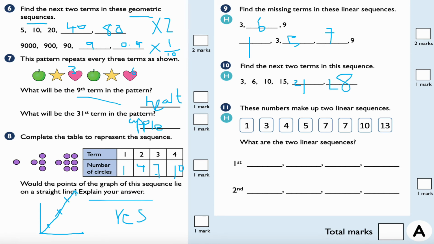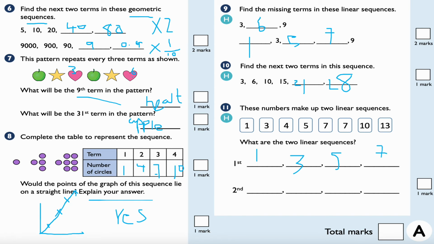Okay, question number 11. These numbers make up 2 linear sequences. 1, 3, 4, 5, 7, 7, 10, 13. What are the 2 linear sequences? Well, I can have 1, 3, 5 and 7.